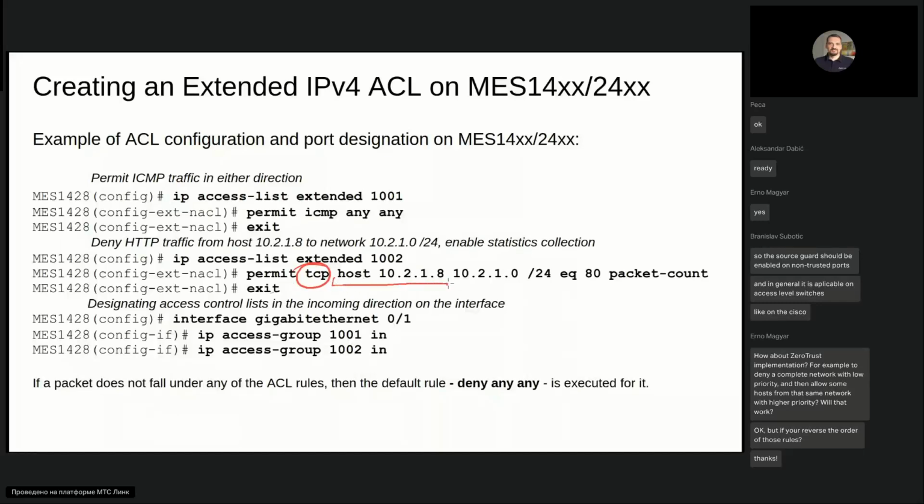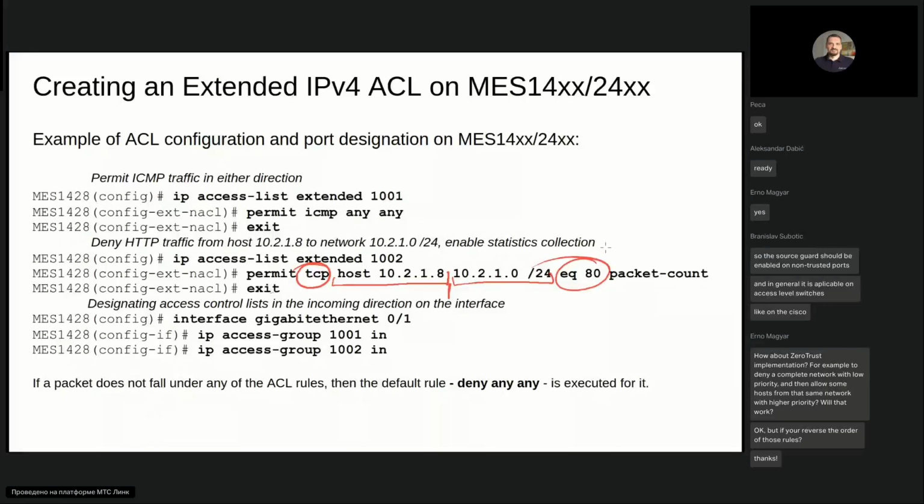Also, one more difference for the extended ACLs: see, first goes the protocol, like in 2300. Then goes the abbreviation for the address. Here we may use the host. So this is the IP source. Then here goes the IP destination, and then goes the port.